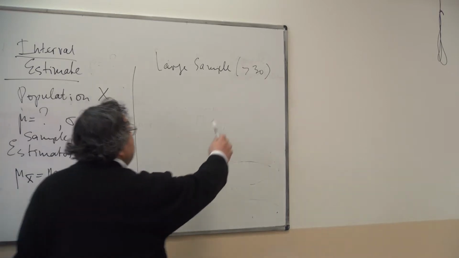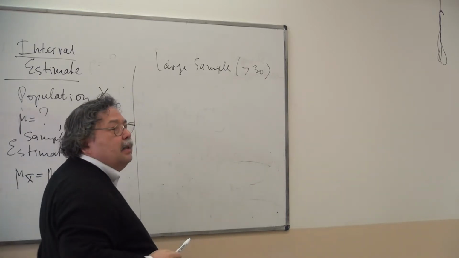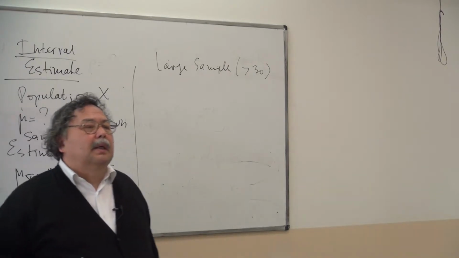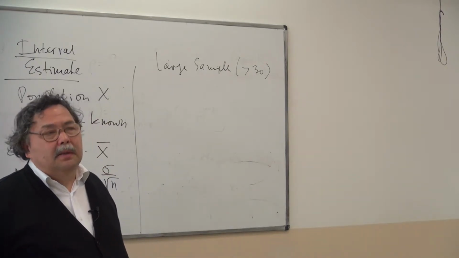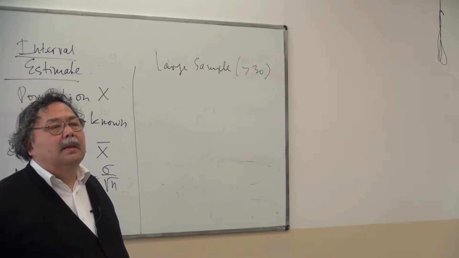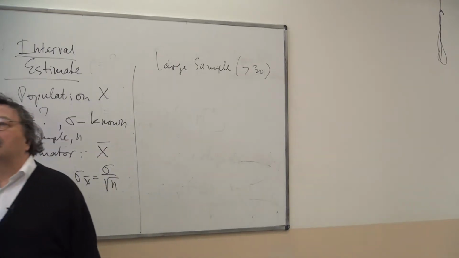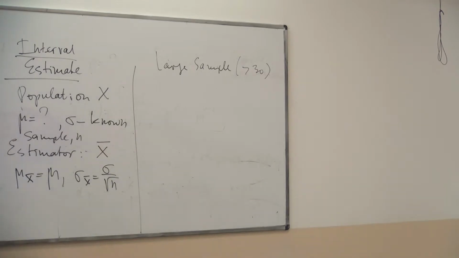I must say that this is not a very theoretical thing. It can hardly be proved in any logical way, but it's a commonly accepted rule. A sample is considered as large if the number of observations is greater than 30.